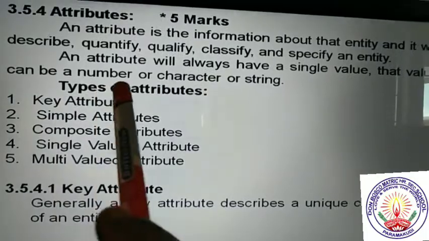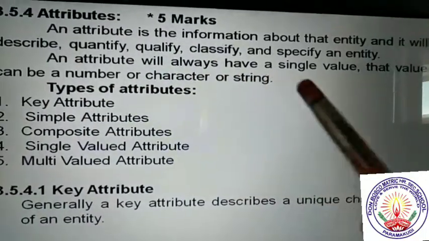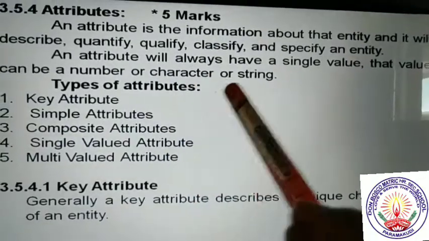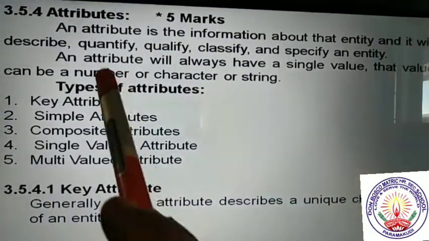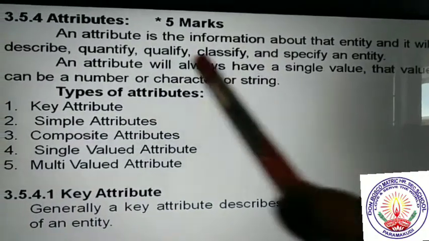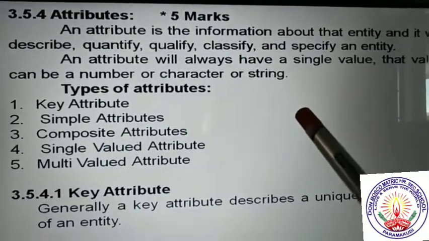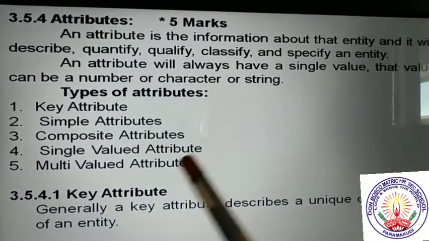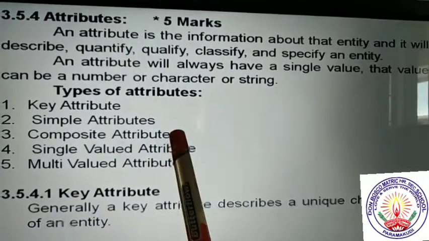An attribute will always have a single value. That value can be a number or character or string.